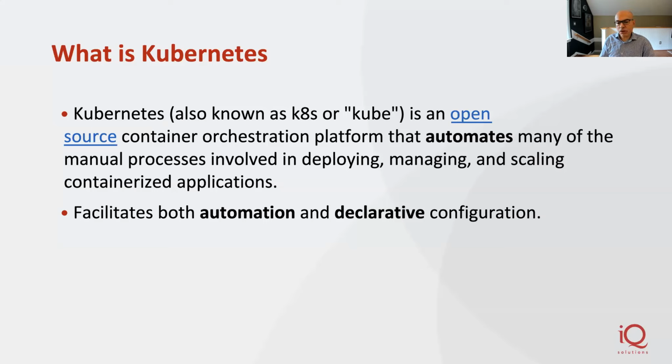A lot of those manual processes are automated in Kubernetes, managing and scaling these containerized applications and making the networking work. The great thing about this platform is that it's all about automation, and everything is about configuration. Everything is stored in a configuration, making it super easy to source control, manage, and automate in a CI/CD system.